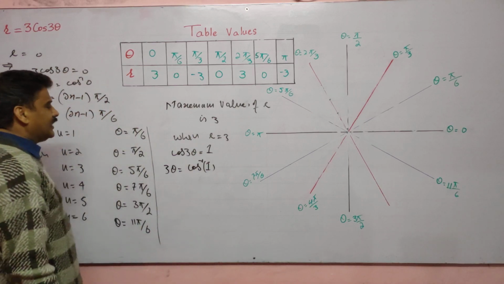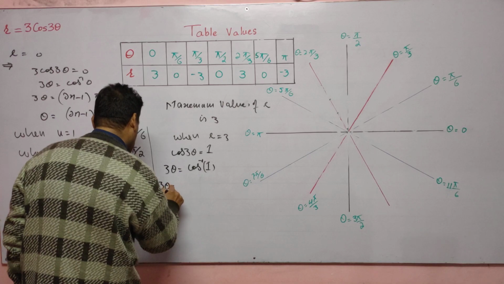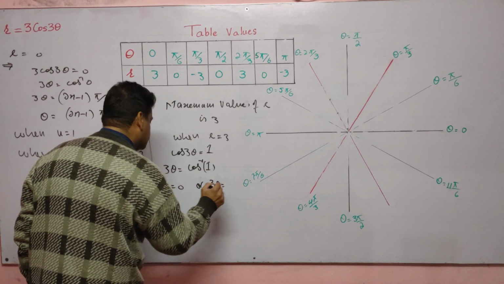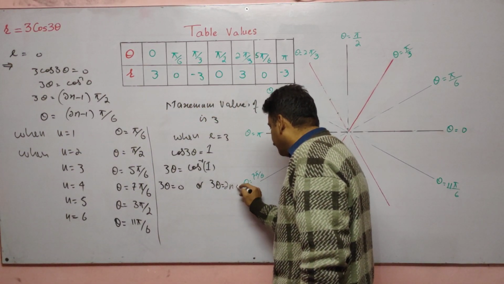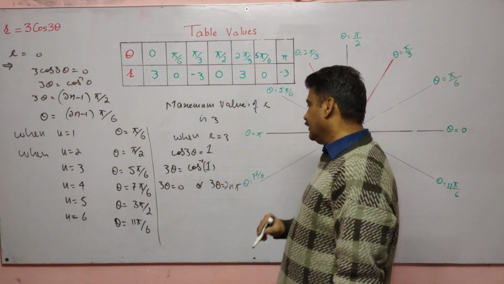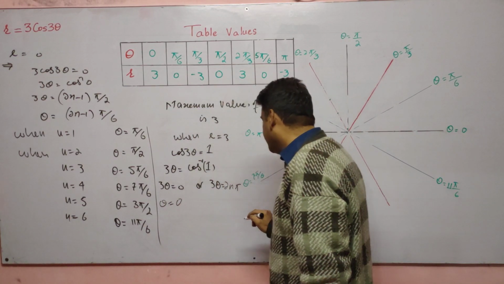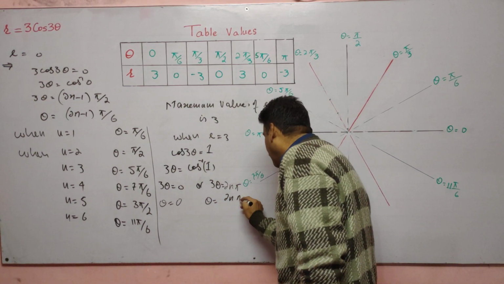Cosine inverse 1 means the angle whose cosine is 1. 3θ = 0 or 3θ = 2π. From here θ = 0, and from here θ = 2π/3.